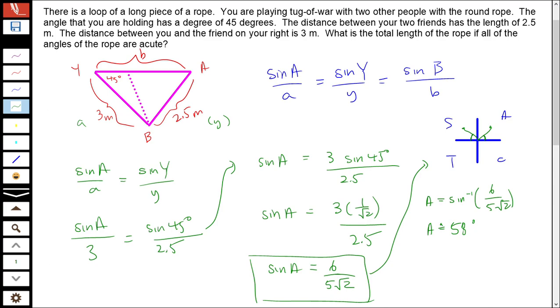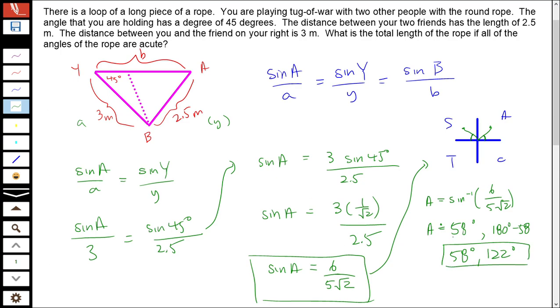This has been rounded. And if I want to get the other angle, it's going to be 180 minus 58 degrees. Okay, so that's going to be the 180, and then you're going to subtract the beta. Okay, so the 2 angles we're going to have are 58 and 180 minus 58, which is going to give me 122 degrees. Okay. So these are the 2 possible A values that I can have.